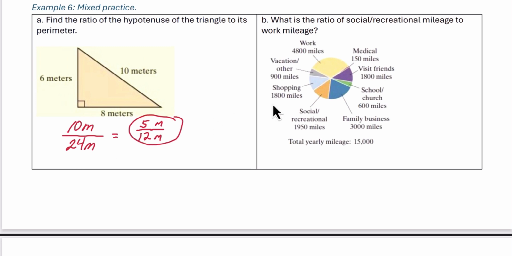In part B, what is the ratio of social recreational mileage to work mileage? Here we have social recreational, that is 1,950 miles. And the work mileage is 4,800.